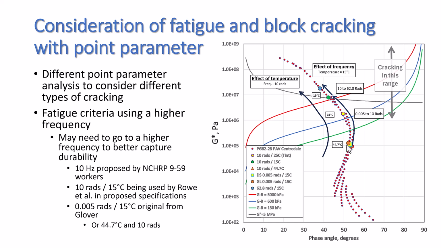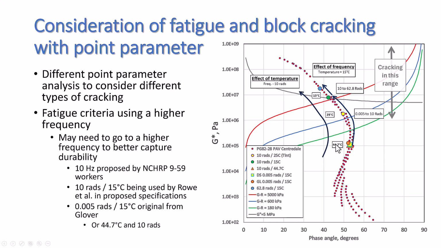Then what we can consider is how the test frequency affects these points. As frequency increases from 0.005 to 10 radians, you move to here, and then round to here, and so on. And if you look at different temperatures, you move around this way.